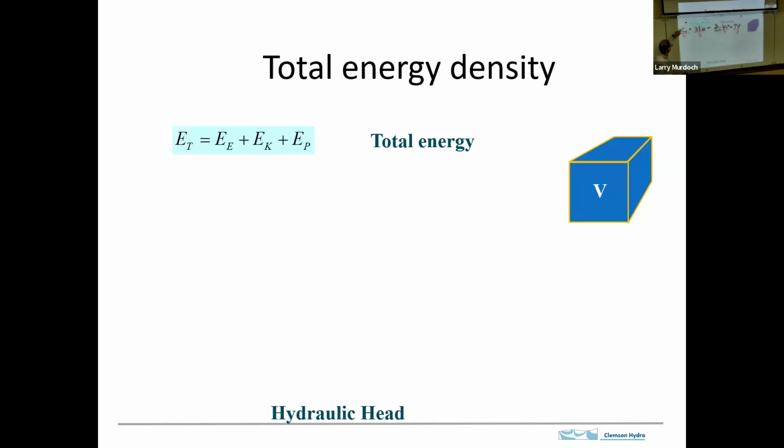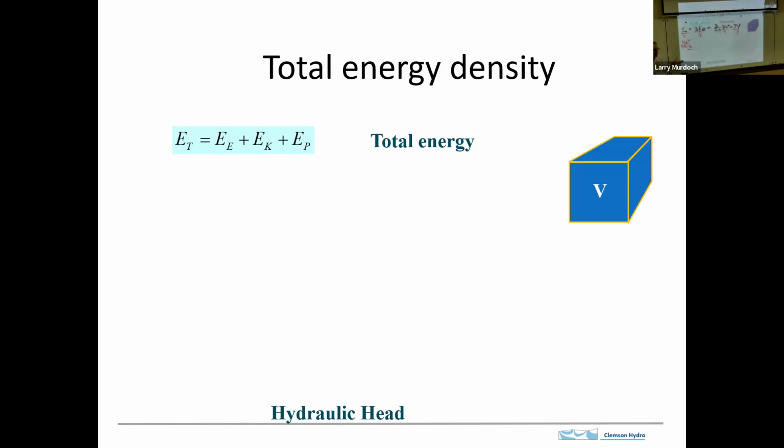The units of this are energy density, right? And so we said the units of energy was mass, length squared, over time squared. So if it's per volume, there's length cubed. So the units of this would be mass per length times time squared.